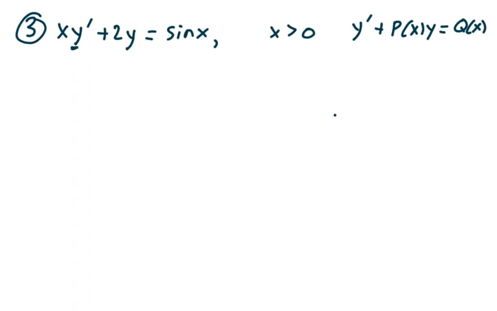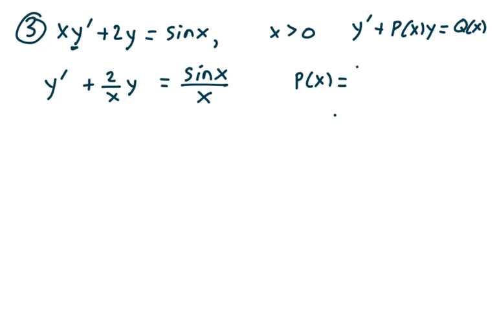And so what I'm going to do first is I'm going to divide both sides by x. So when I do, I get y prime plus 2 over x y is equal to sine of x divided by x. Now I'm allowed to get that integrating factor. So notice that p of x is equal to 2 over x.